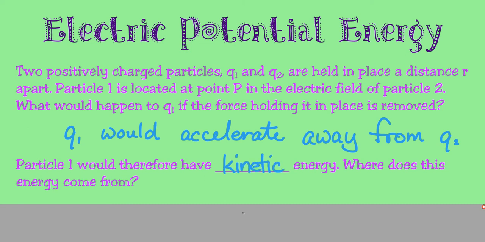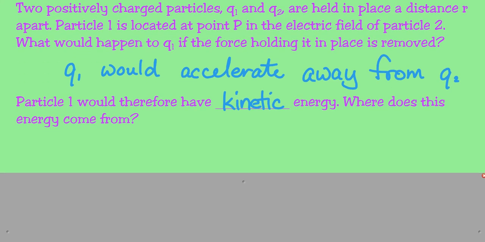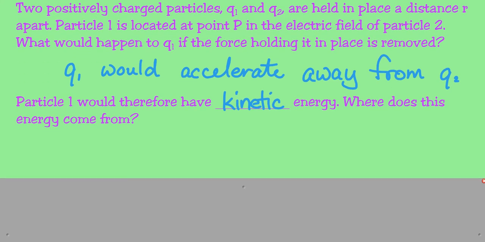We also know that energy can't just magically appear. That tells me that this energy had to come from somewhere. Namely, that it had to be transformed from another type of energy. In this case, it must have been transformed from a potential energy.